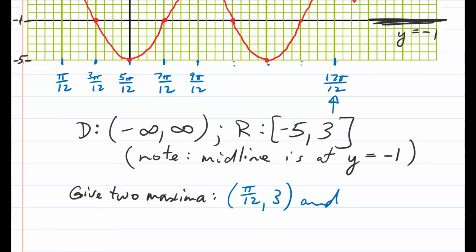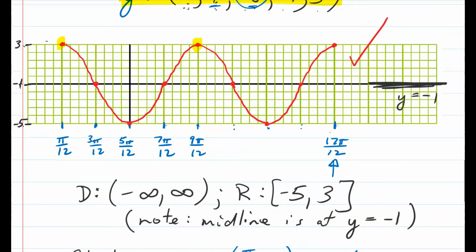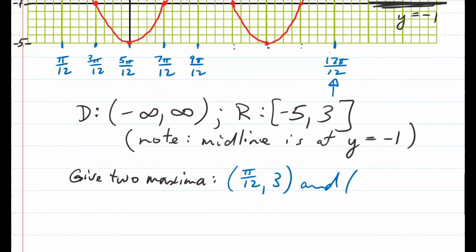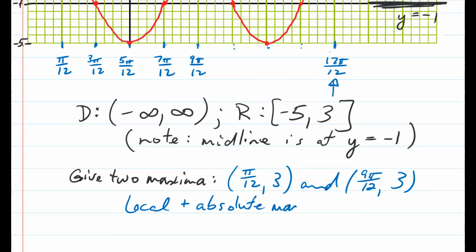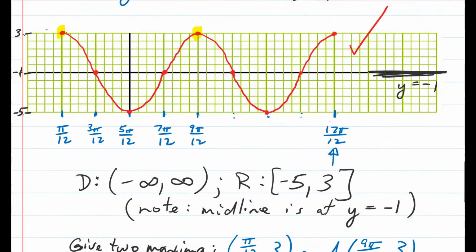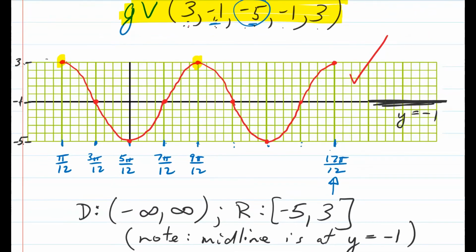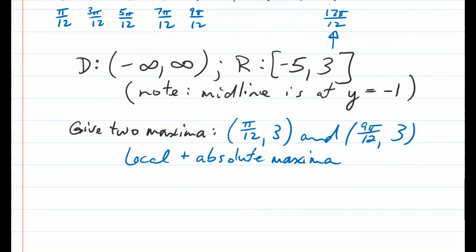And another one is over here at 9 pi/12. Its value is also 3. These are local and absolute maxima. And we can see that a cosine function or a sine function will have an infinite number of maxima.